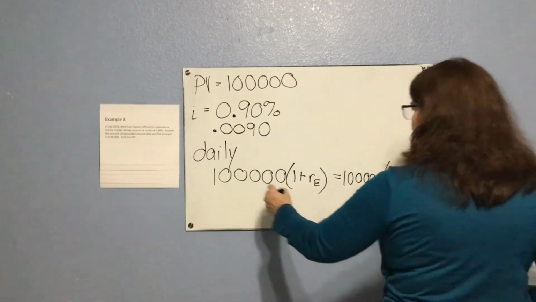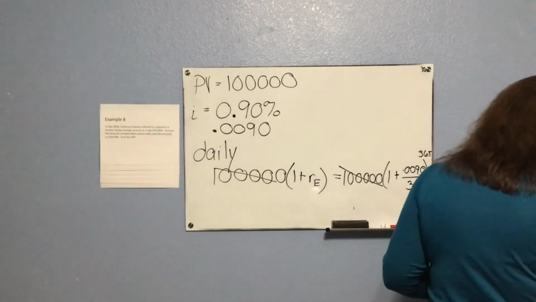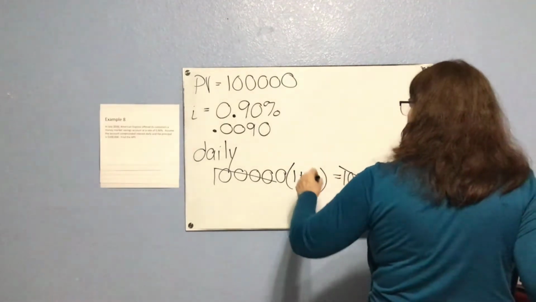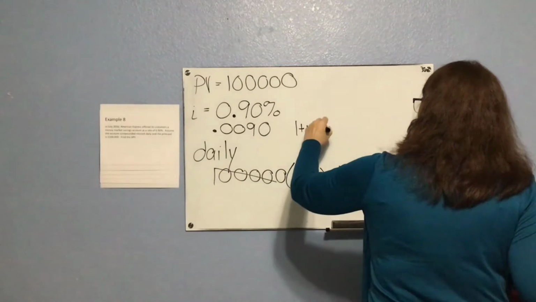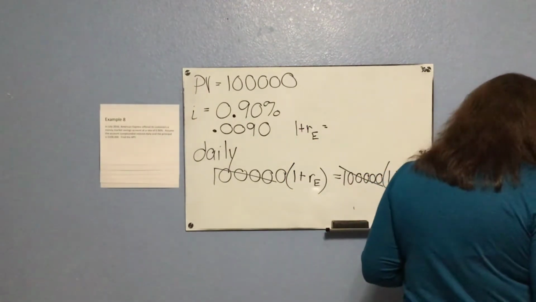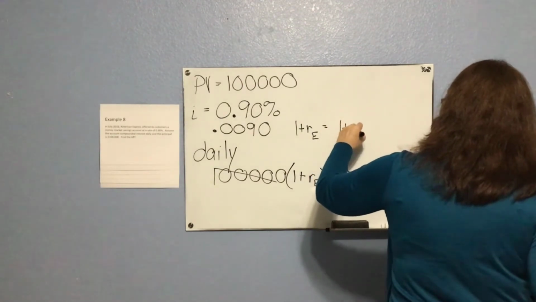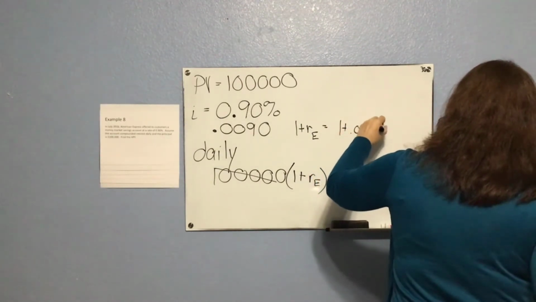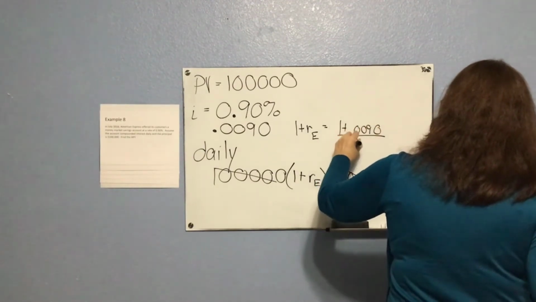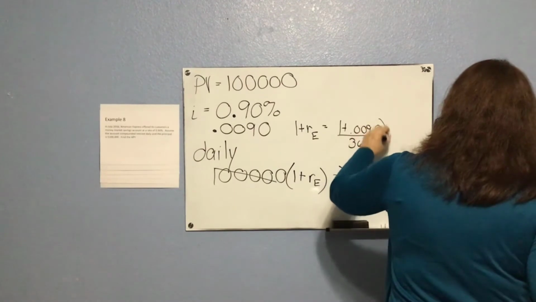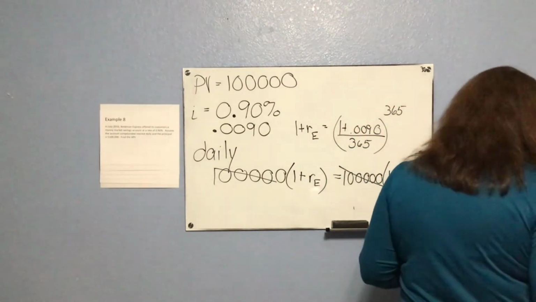Okay, and we can just cancel out the $100,000 on each side, which gives us 1 plus R_E equal to 1 plus 0.0090 over 365 to the 365th power.